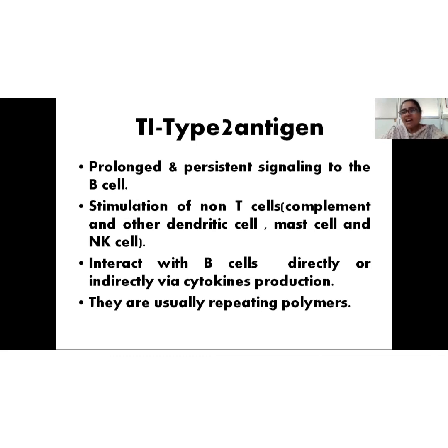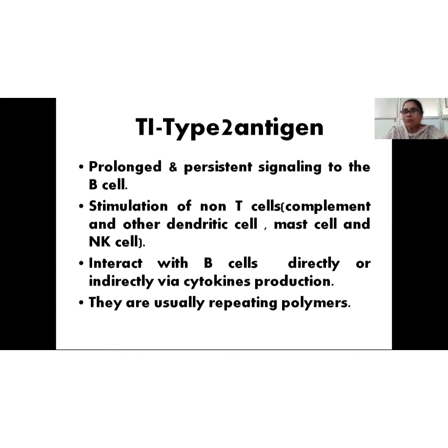So other cells will be needed in this case, and these other cells will interact with B cells, because B cells are the ones which are going to synthesize antibodies. This cell talk is through cytokines, whenever there is cell to cell talk. So a lot of cytokine production will take place in this case.